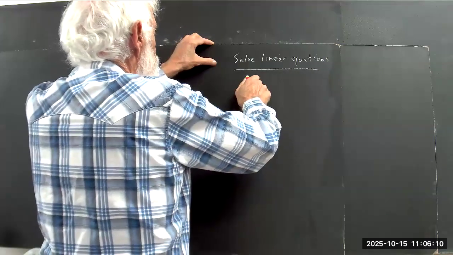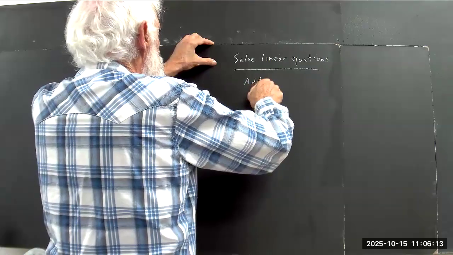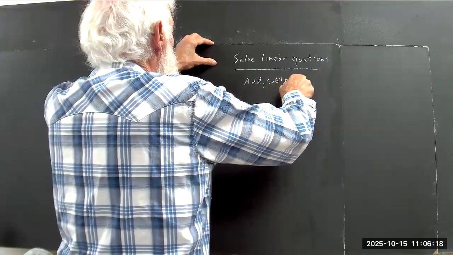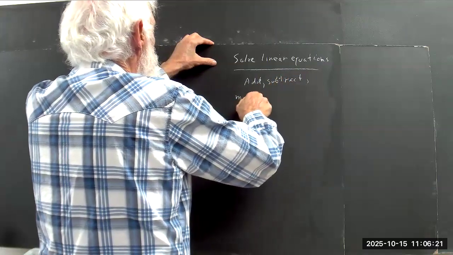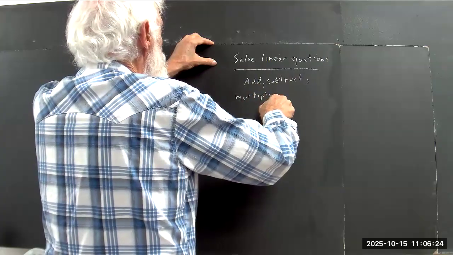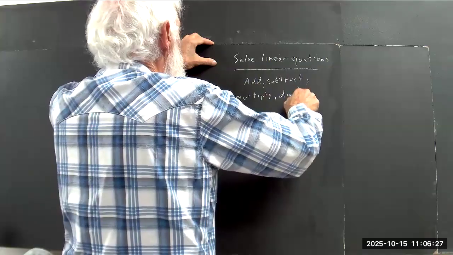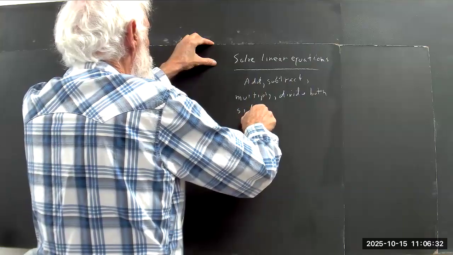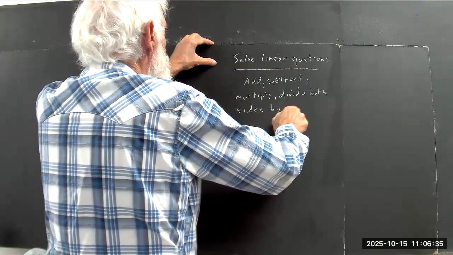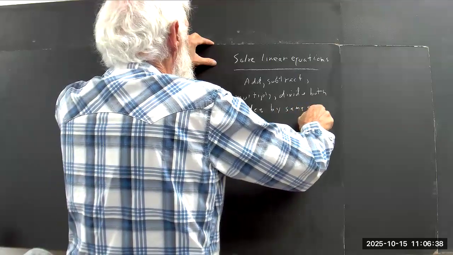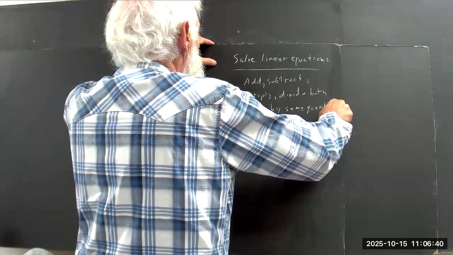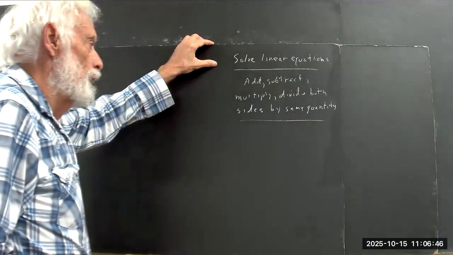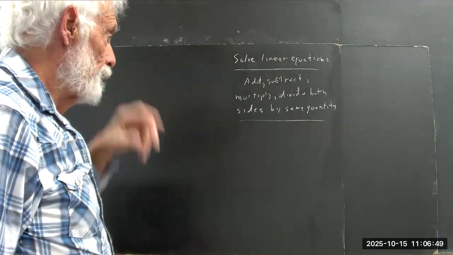So you can multiply, divide, add, subtract both sides by the same quantity, okay?